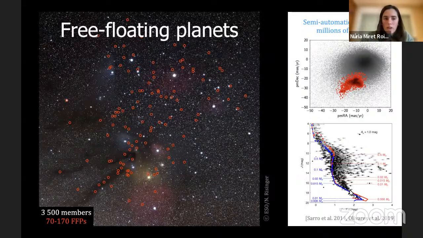The reason why this is happening is that for high mass stars, we are using Gaia, and Gaia has not only proper motions but also parallaxes. So these objects are very easily identified only with astrometry. Photometry always helps, but astrometry is already very useful to identify all these objects.